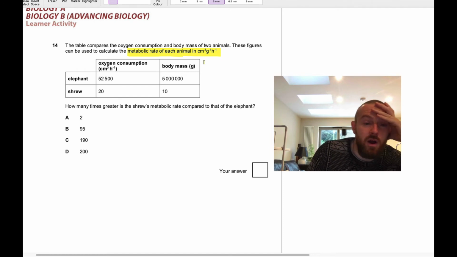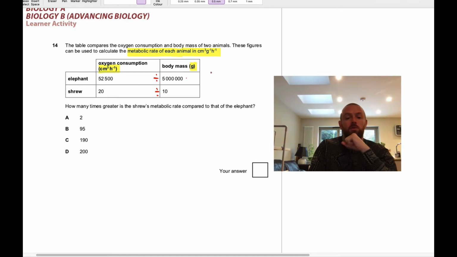Okay, so how can we work that out? The units here are centimeters cubed per hour, and the units here are grams. So to work out the metabolic rate, you've got to do centimeters cubed per hour divided by the mass. So the sum that I'm doing to work this out is 52,500 divided by 5 million, and 20 divided by 10. 20 divided by 10 is just 2, no problems there.